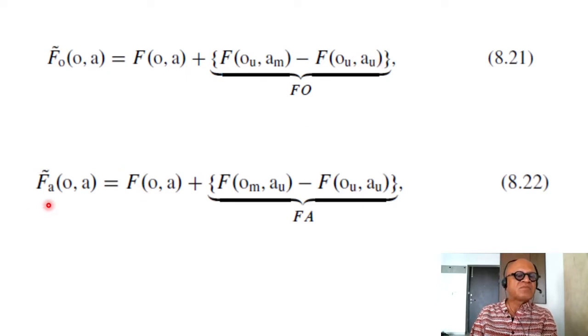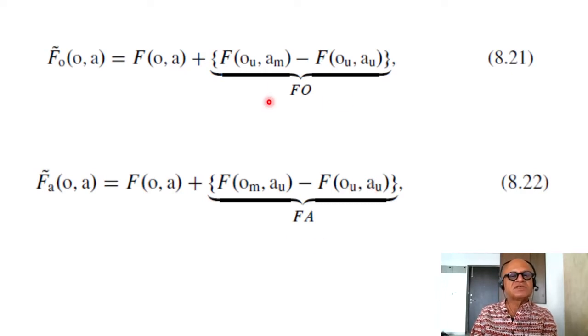And what the atmosphere sees, on the other hand, is the coupled ocean atmosphere flux plus a correction: a flux computed with measured ocean quantities and uncoupled atmospheric quantities, minus the flux that would be seen with uncoupled ocean variables and uncoupled atmosphere variables.